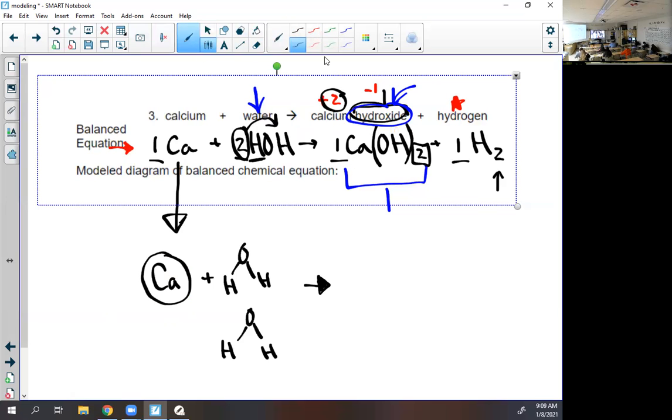As I say this, it's a single calcium that's bonded to 2 things, and the 2 things are O's and H's. So let me put that together. I'll draw it as I say it one more time. I'm going to draw a single thing, which is calcium, but the calcium is bonded to 2 things. So I'm going to put a line on both sides, and the 2 things it's bonded to are an O and an H.